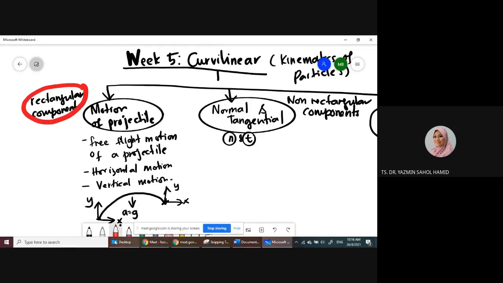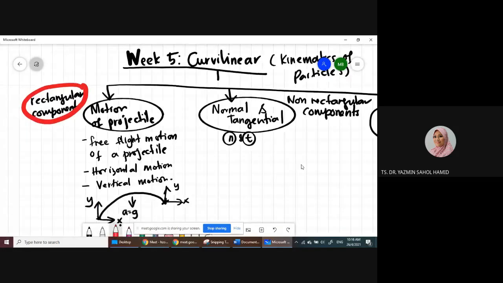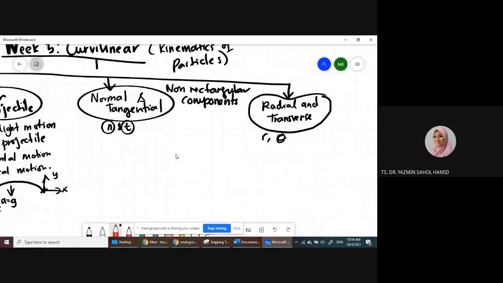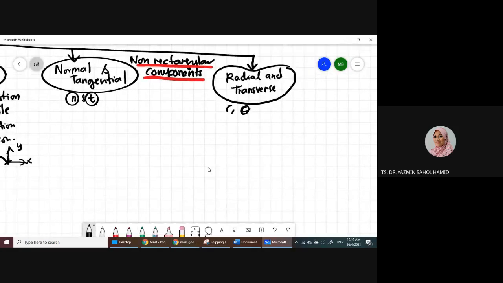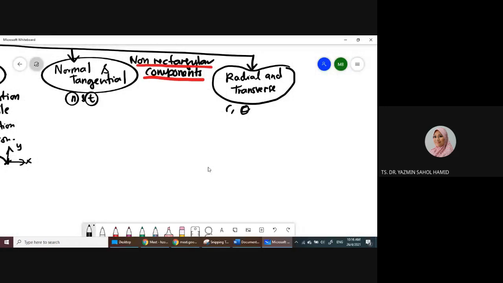But right now, what we're doing is the non-rectangular components. So today we're going to understand how to solve questions related to non-rectangular components. Just listen first, understand the fundamental, the theory, the concept, and then later when we start doing our examples together, you will understand much better.